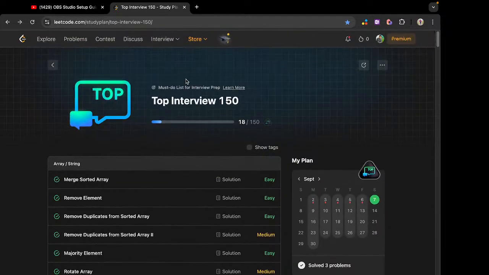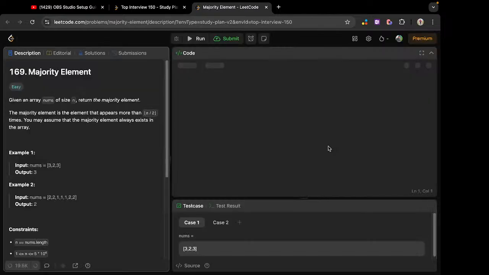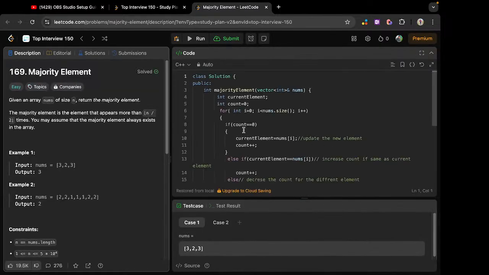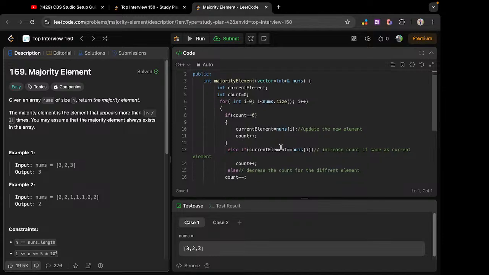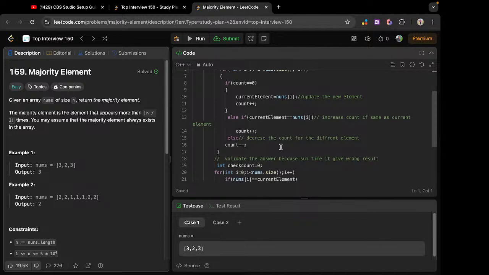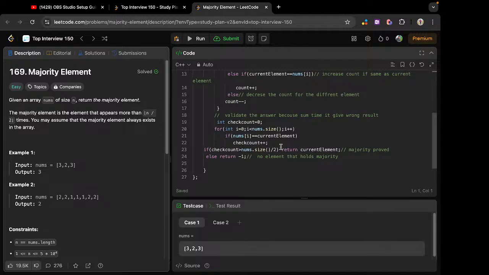Let's solve some majority element. I already solved it. Okay, let's solve some other question.